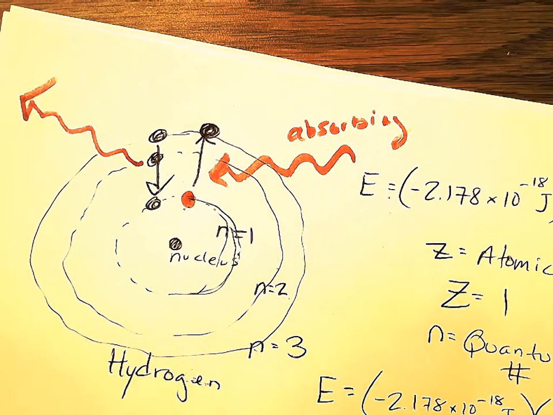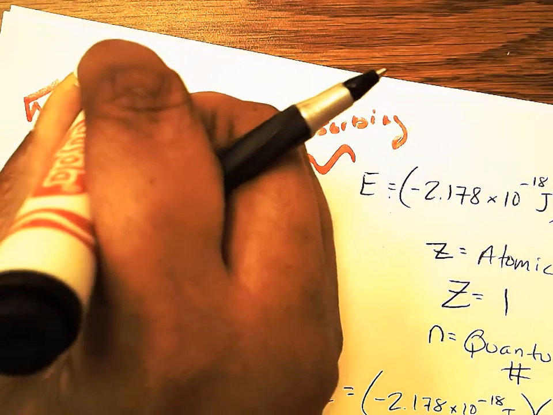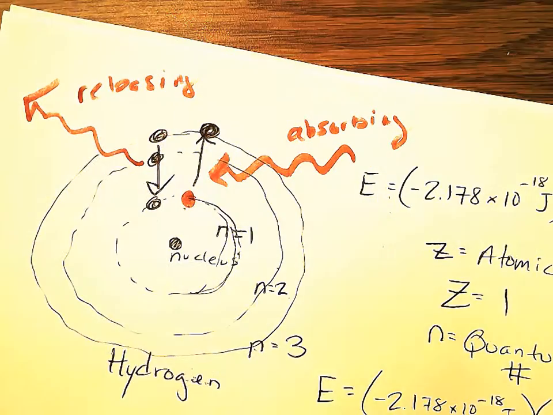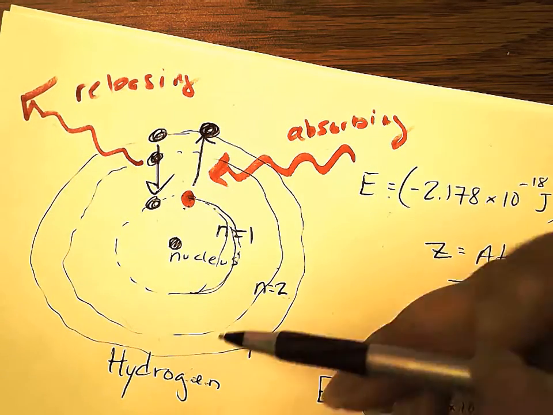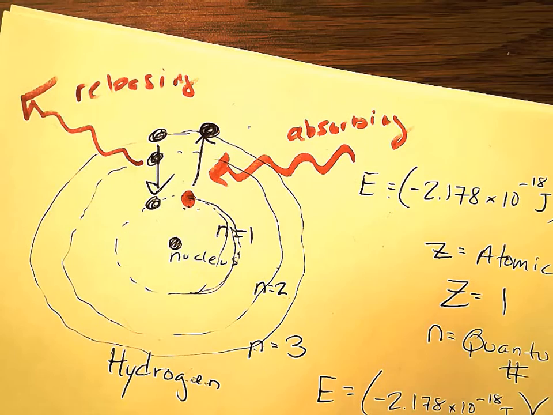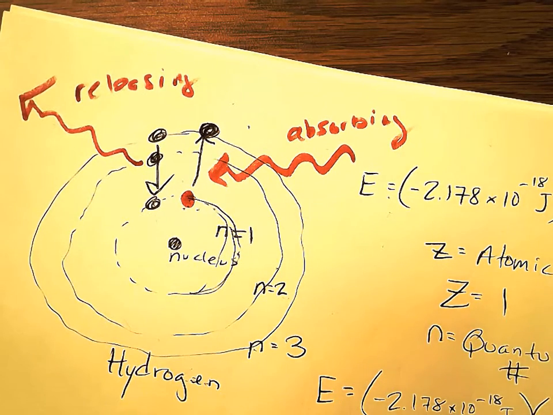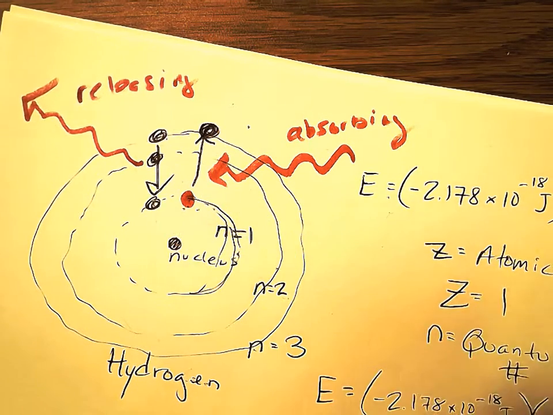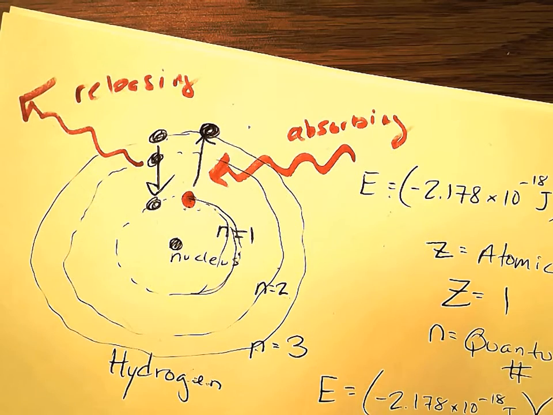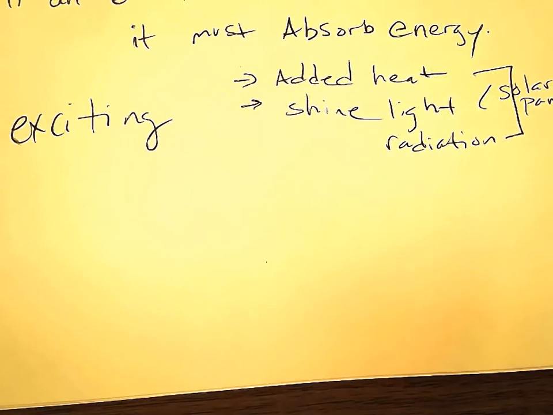Going back to where you came from is releasing. It took energy or light to make it go to a higher place. So common sense would say if I'm going backwards, I will release that light. And depending on where you're going, that's how you see those different colors. That's the qualitative discussion of that.